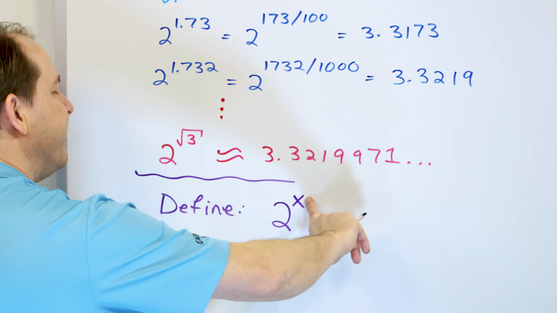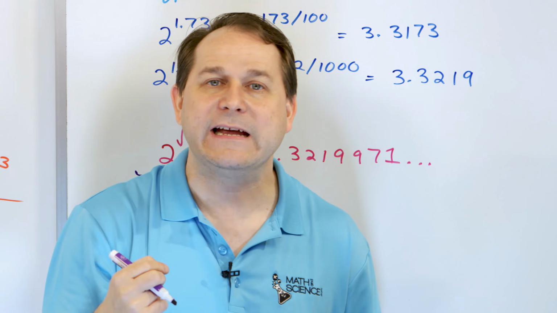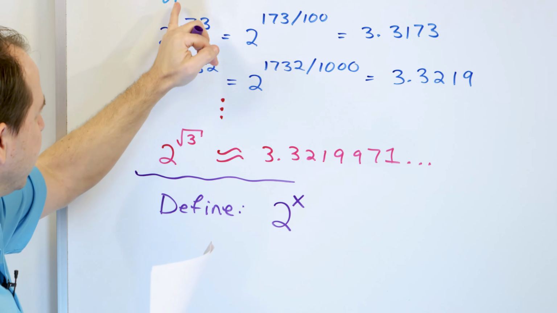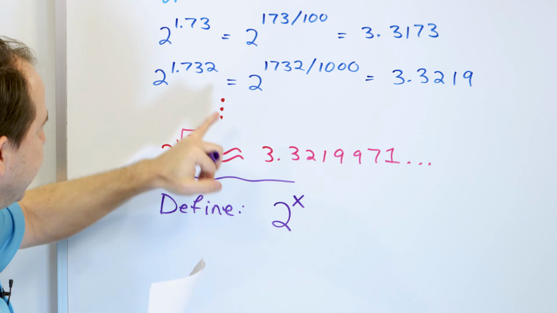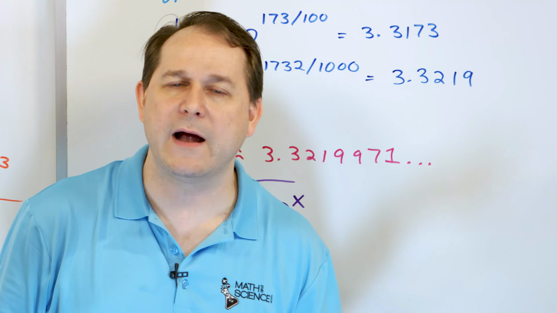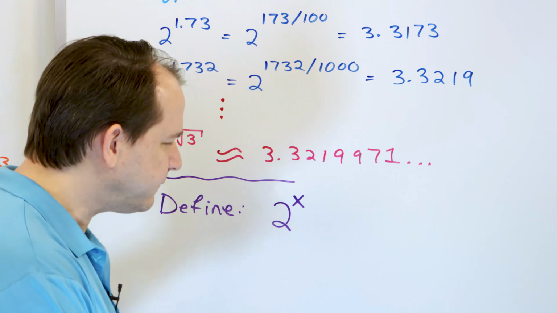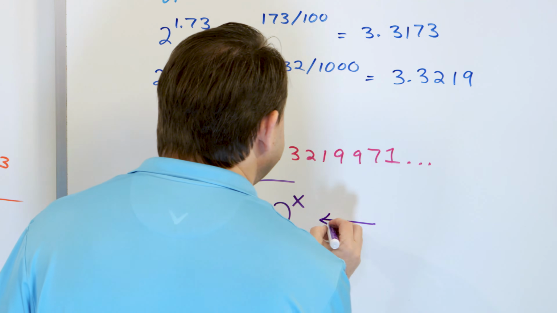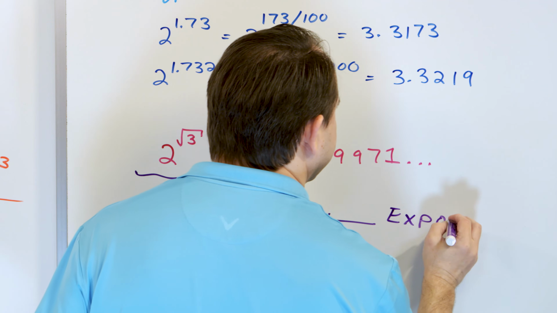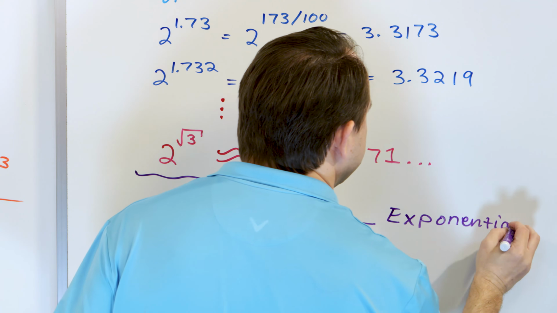Notice by putting a variable in the exponent, I can actually change the value of the exponent, just like I did here, getting closer and closer. By putting the variable in the exponent, it allows me to change it to whatever I want because it's a variable up there. Okay, this thing, 2 to the value of x, is called an exponential function.